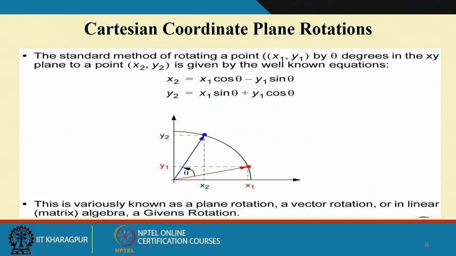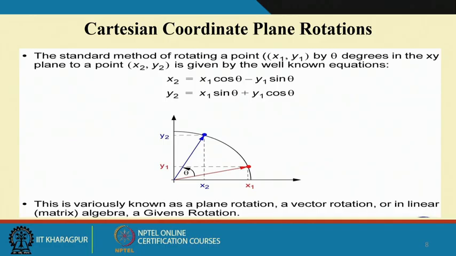How does it work? We are saying that we can calculate the square root function, sin theta, cos theta, tan theta, division, and logarithmic function, but how does it work basically? Mainly, consider the Cartesian coordinate plane rotation.